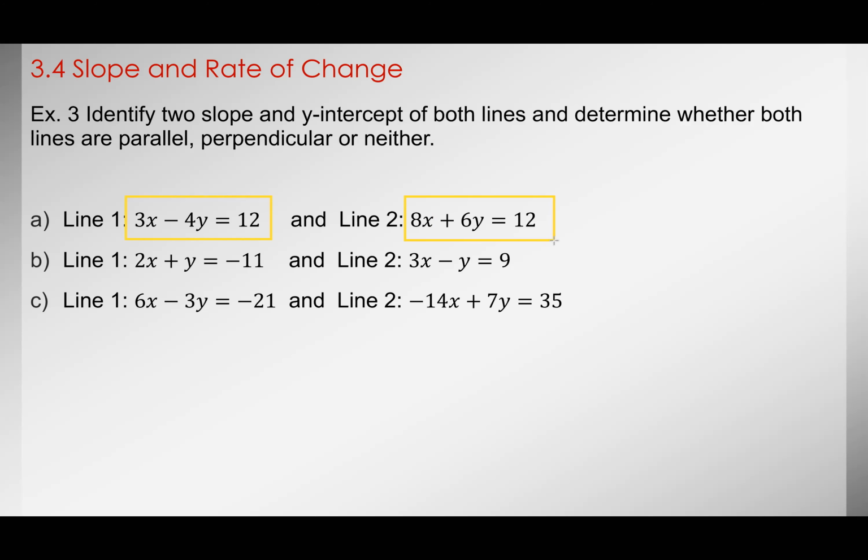If you look at this from your hindsight, we don't know if they are parallel, perpendicular, or neither. And looking at this, we don't know what the slope is and what the y-intercept is. So how do we identify the slope of the line?